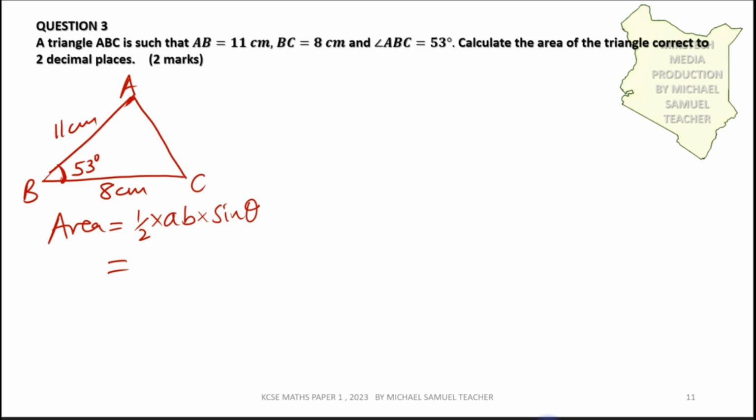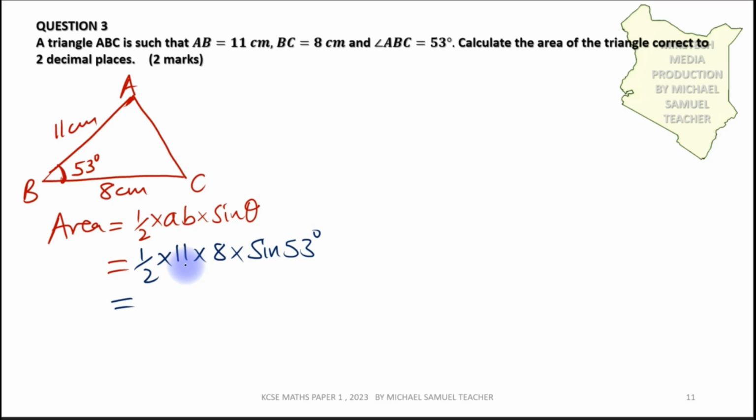So for this case, we have a half times a, which is 11 centimeter, times b, which is 8, times sine theta, where theta is 53 degrees.